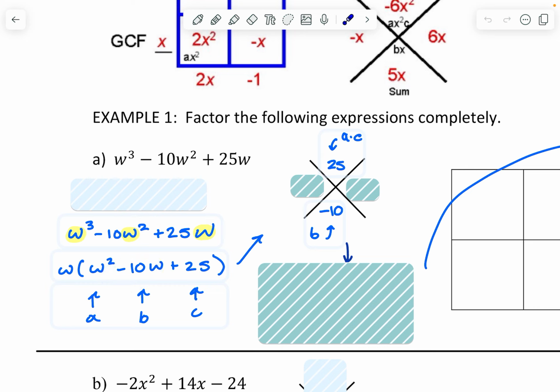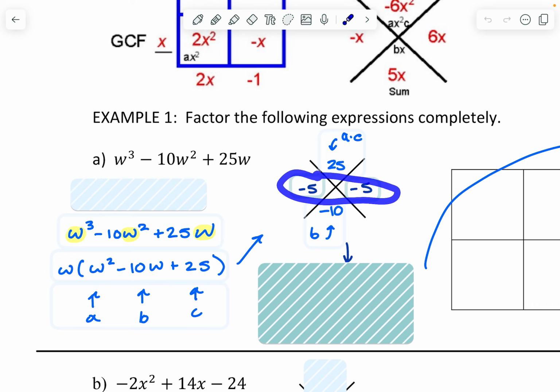What we are looking to find now are two numbers that are going to multiply to positive 25 and sum to negative 10. Take a second to think about what these two numbers are going to be. Pause the video if you need to.